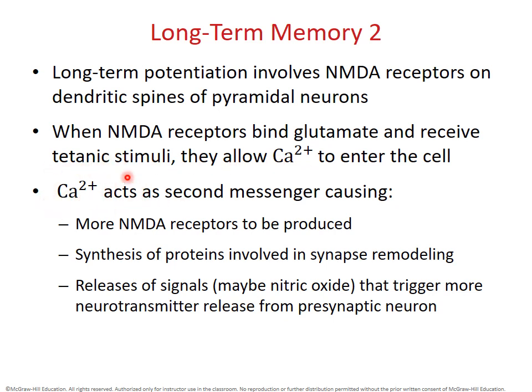Then the calcium acts as a second messenger system, which affects the postsynaptic cell and through various means facilitating it. Again, we're learning a lot about memory still, and so we're just really scratching the surface here in this discussion.